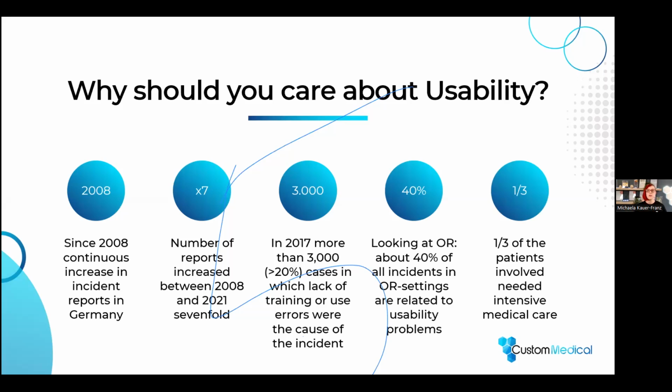One third of the patients involved in these incidents needed intensive critical care afterwards. So as you can see, usability is not just a part that you have to document because somebody asked you to, but it's also something that really leads to intensive injuries, to really big harms on the patient side by now.